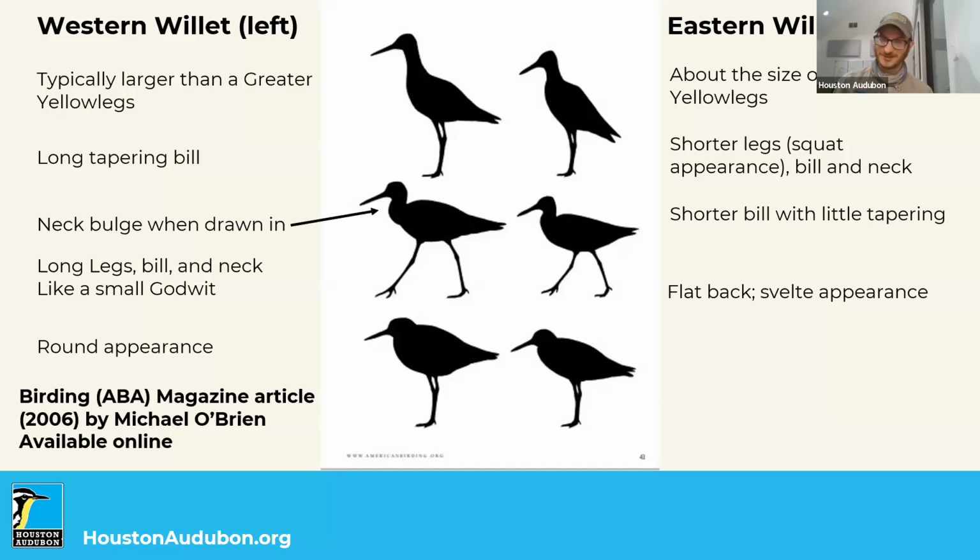We don't see very many of those in Texas. In fact, I think only one has ever been seen in Texas. So that's not a good comparison if you're used to birds of the Texas coast, but they're just squatter. They have a flatter back and a slimmer, more attenuated appearance.